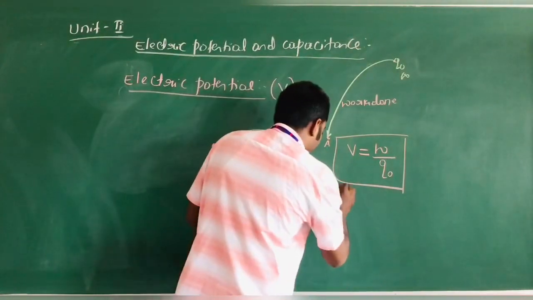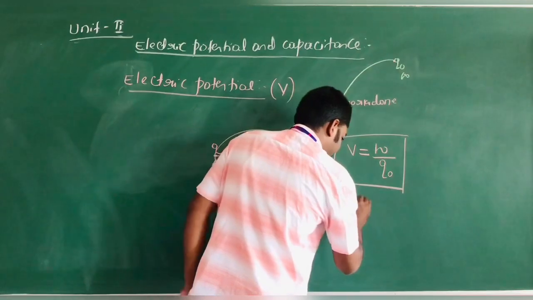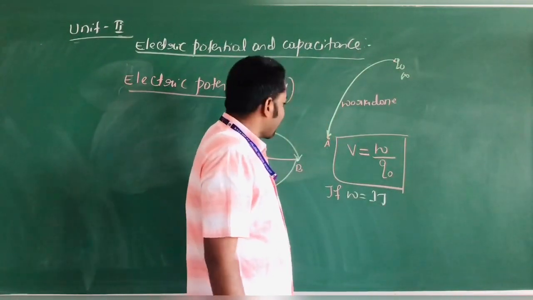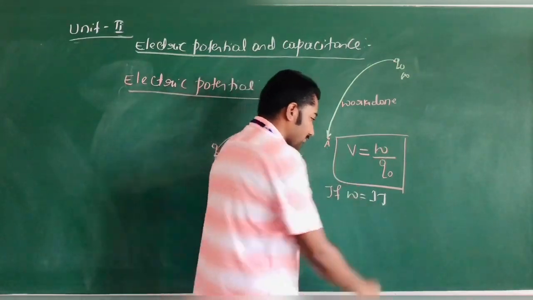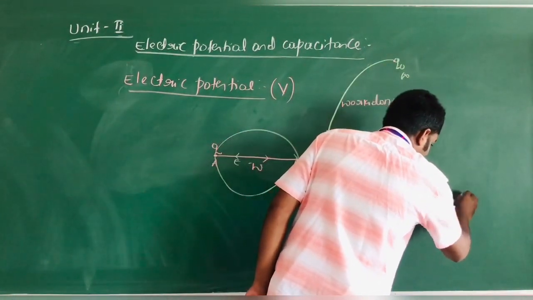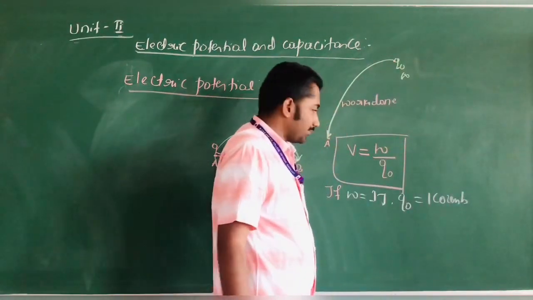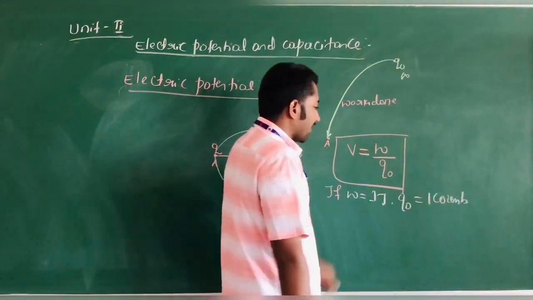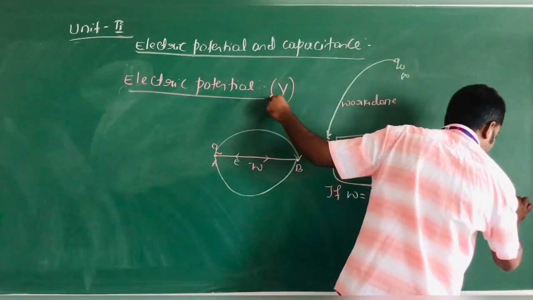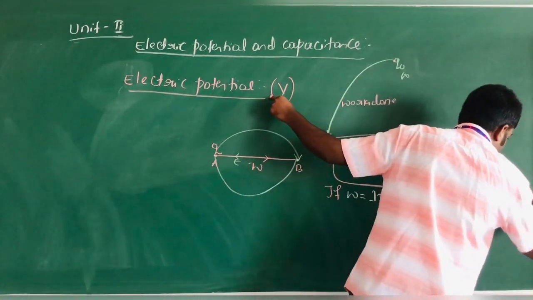Suppose the work done is 1 joule, the SI unit of work done, and Q0 is 1 coulomb. Then the electric potential V is equal to 1 volt, since the SI unit of electric potential is the volt.